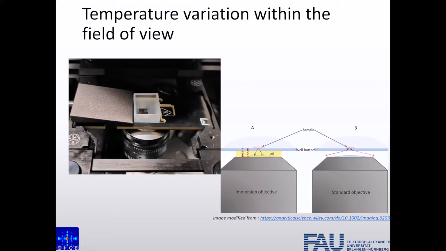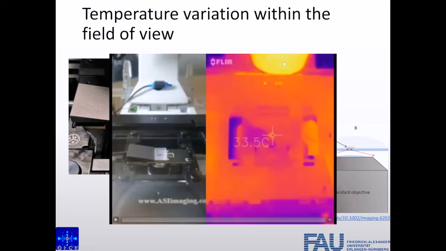This is our setup, the VAHEAT chamber in a TuRF instrument, and I work with immersion. So we expect that we lose a lot of temperature through the oil, but this is something we wanted to test.